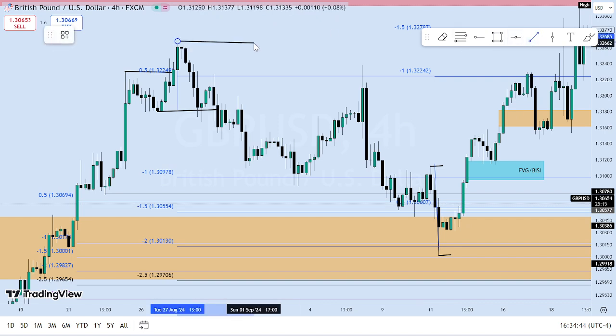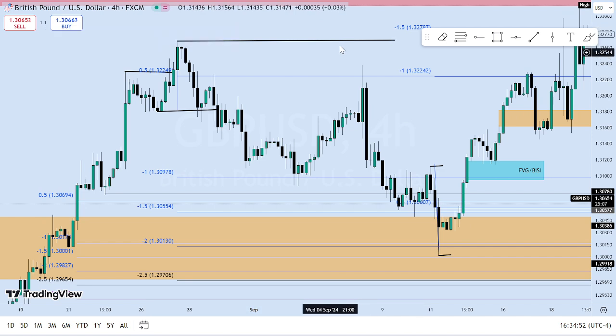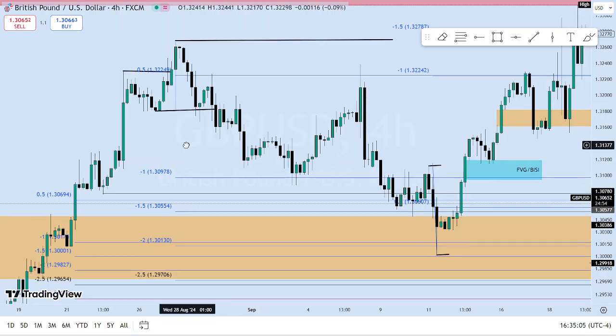You see price didn't reach there again, so probably you will still be in profit. Then for your take profit, you target standard deviation minus 2 or minus 1.5 for your partial.